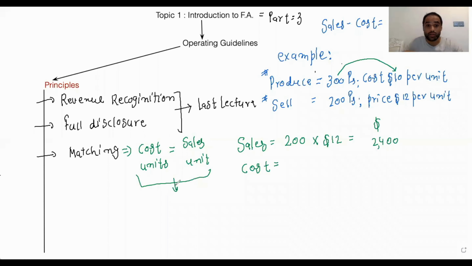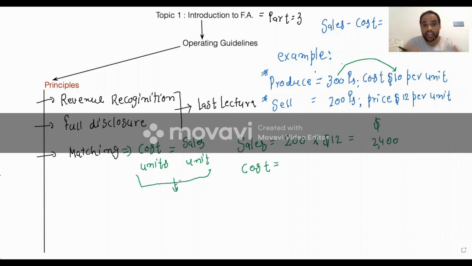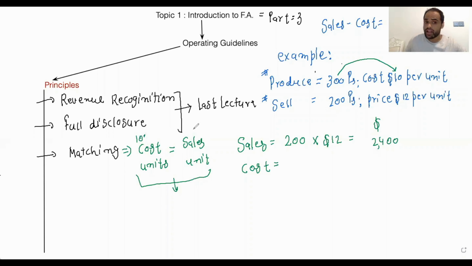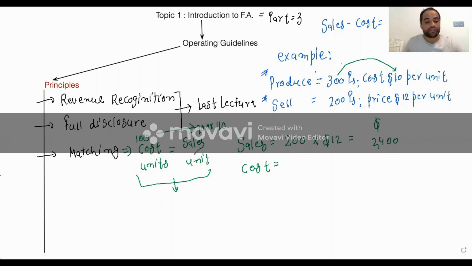If you match these units to calculate the total profit or loss, this is a fair way. It is unfair if you calculate cost for 100 units and sales of 90 units or 110 units, because you are not matching the right amount of units.